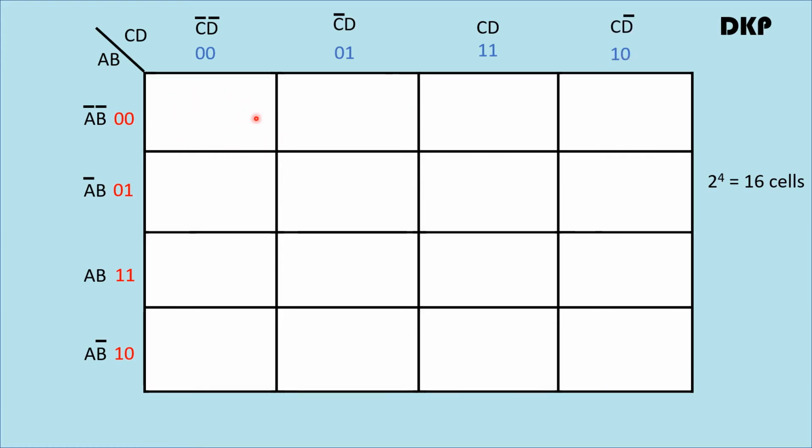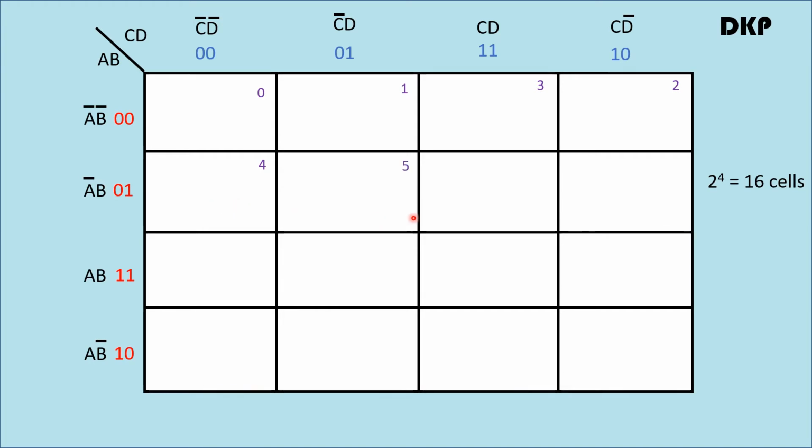Now each cell in this 4-variable K-map represents a minterm. So this cell represents the minterm 0 or M0. This cell represents the minterm M1. Similarly, this cell represents M2, and this cell represents M3.